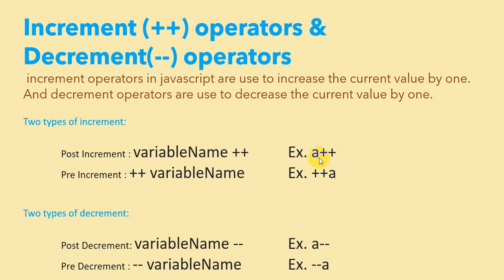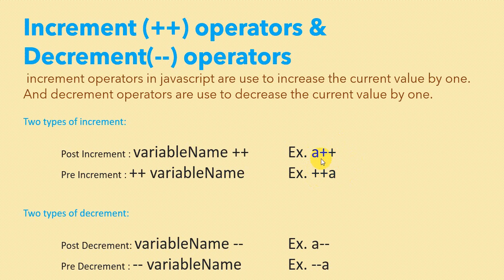I will show you in coding, then you will get what will happen. If I write a plus plus, the function will be same, in this case the value will increase by 1, even in this case the value will increase by 1.